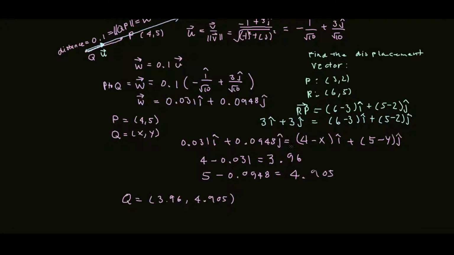So basically all we have to do is the next two steps here. 4 minus the number will give us 3.96. 5 minus the 0.0948 will give us 4.905, because 4.905 plus 0.0948 will give us approximately 5. And similar to this case, 3.96 plus 0.031 will approximately give us 4 if you want to be exact. It's a pretty long decimal, but if you want to be exact, you can write down all the decimals you want, and we get this number. So the point Q is actually 3.96 comma 4.1.